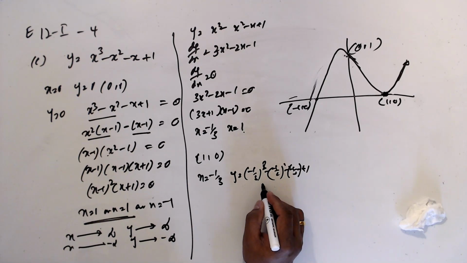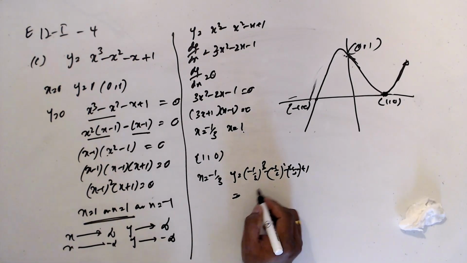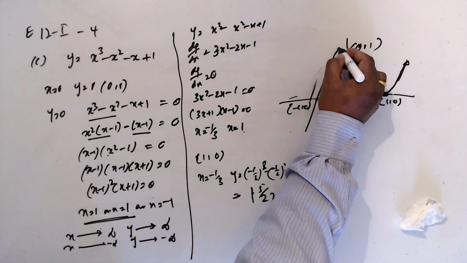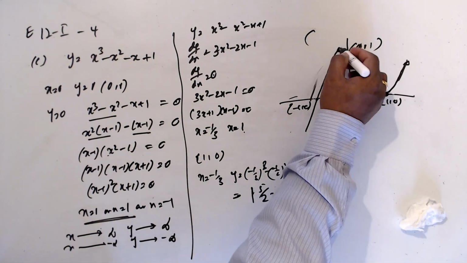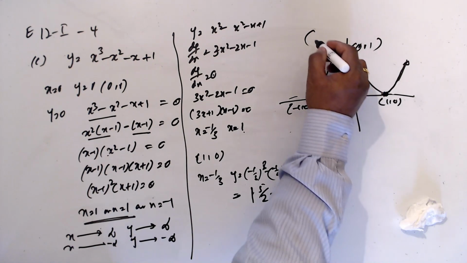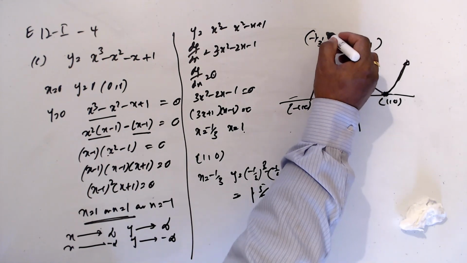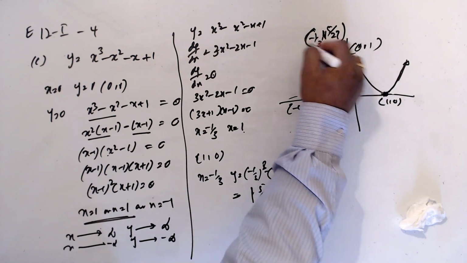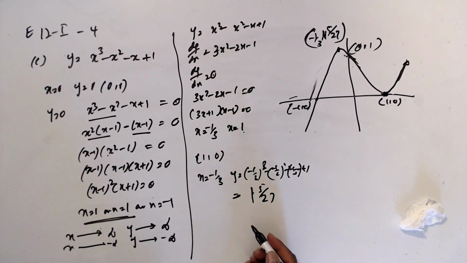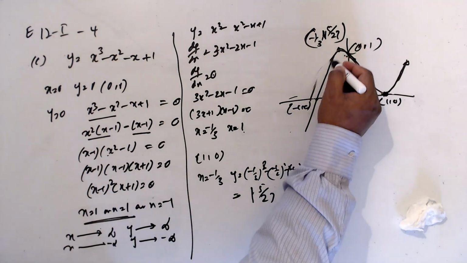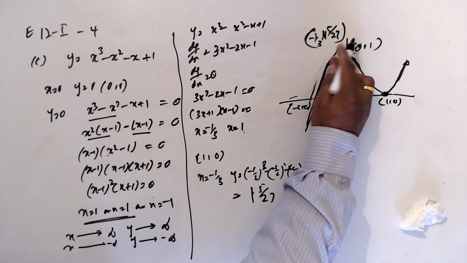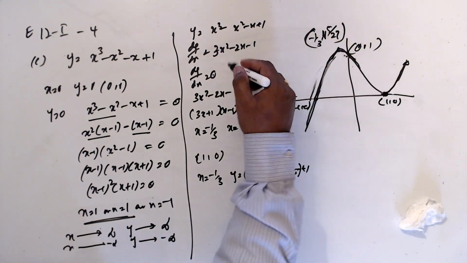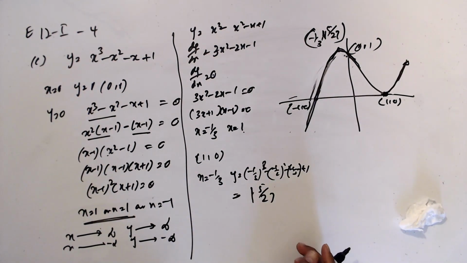This value will give 32 over 27. So now this maximum is (minus 1 over 3, 32 over 27). Now the learning is that in this kind of graph, we can find the minimum and maximum using dy by dx differentiation.